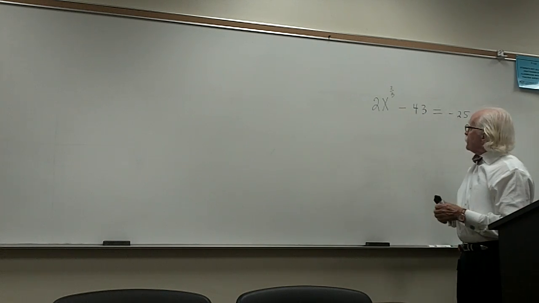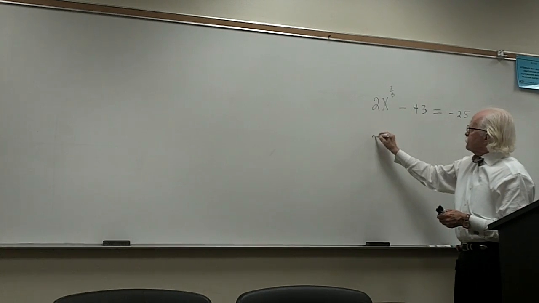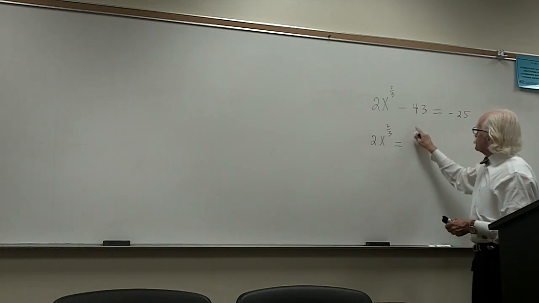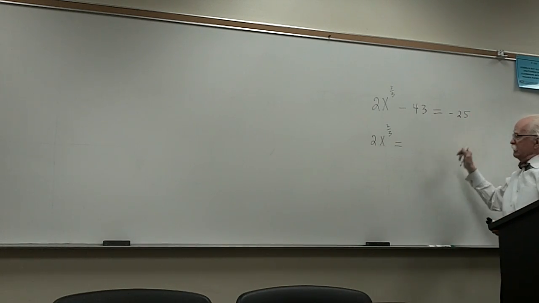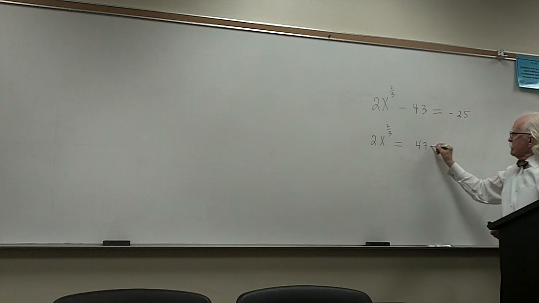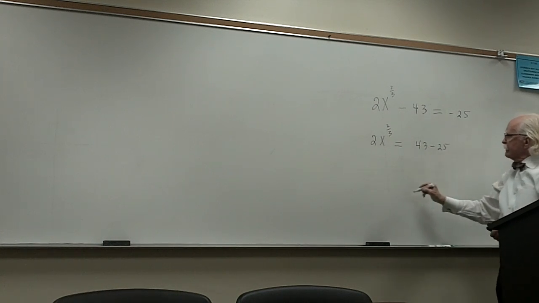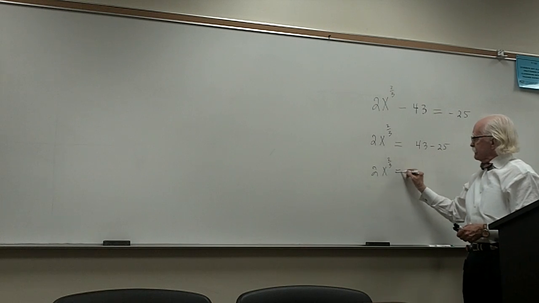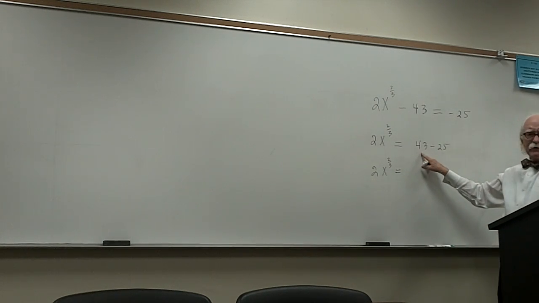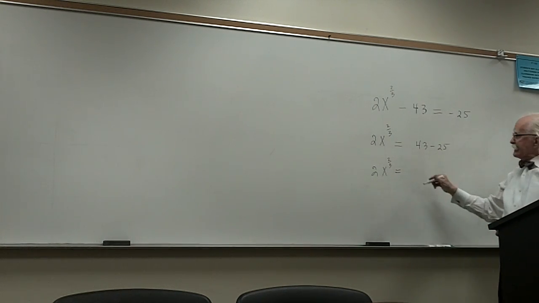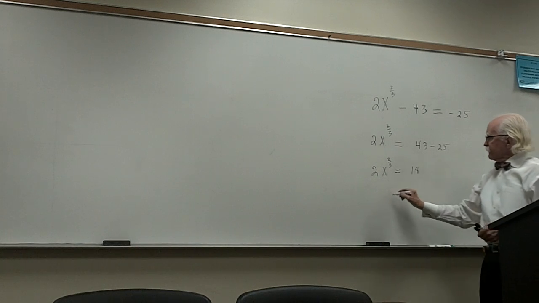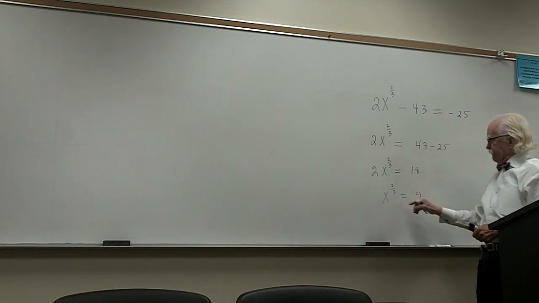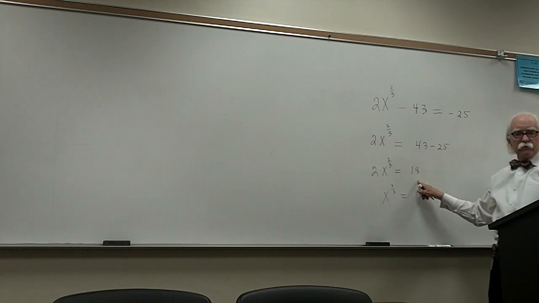So this was 2x to the 2/3 equals 43 minus 25. So 2x to the 2/3 is equal to 18. Now we got x to the 2/3 is equal to 9 because I'm dividing through by 2.